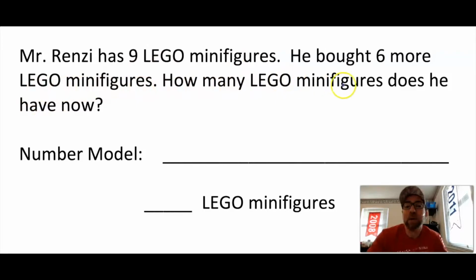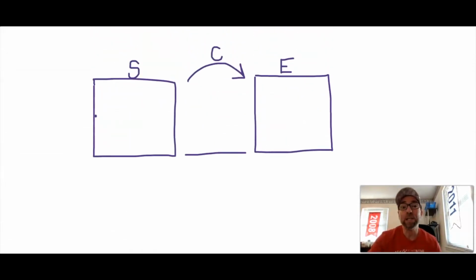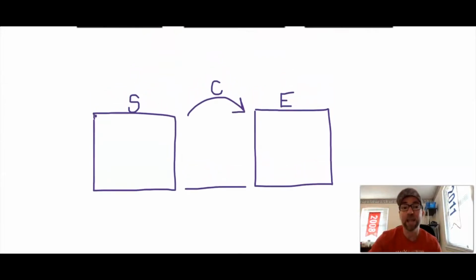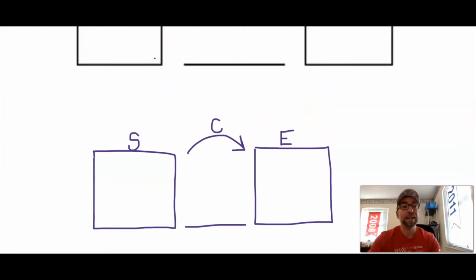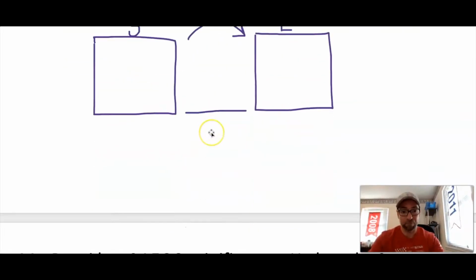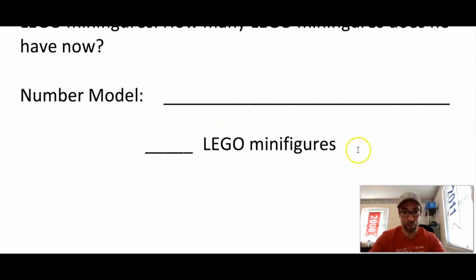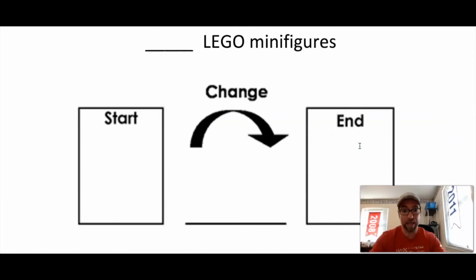How many Lego minifigures does he have now? Well, in order to solve this problem, we want to use our start, change, end diagram. Now, I'm going to go ahead and use the really nice one, but you have the one that you drew, and that's okay. You use that one.